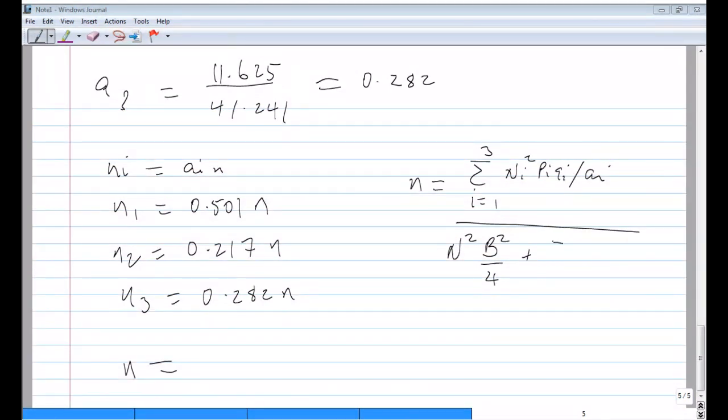then plus the summation, i ranging from 1 up to 3 because we're having 3 strata, Ni pi qi. This is the formula that we're supposed to use to calculate the overall sample size.